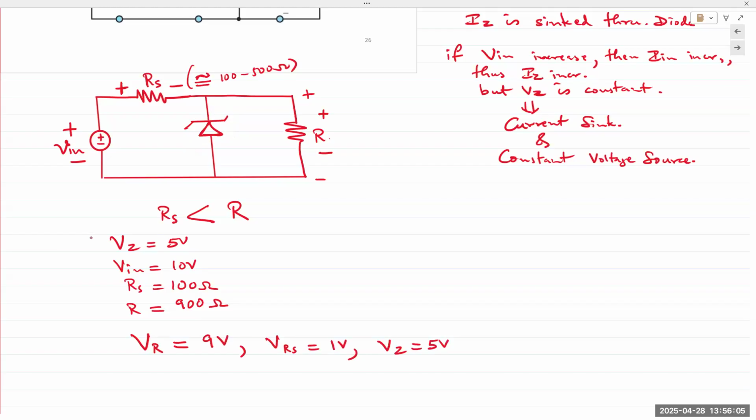Now let's take two cases. If we increase RS, and RS is now, let's say, 900 ohms, then what is VR?